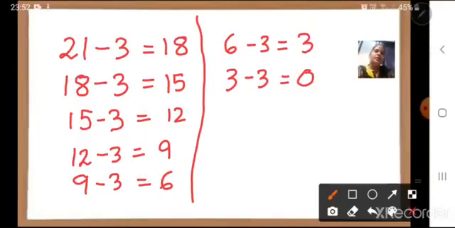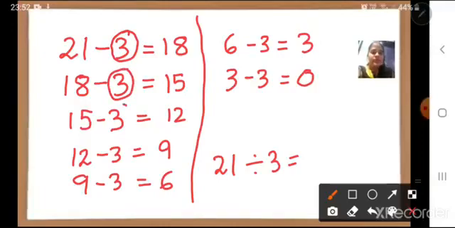Now we have to find out what 21 divided by 3 is equal to. How will we find out? Children, we have to see how many times 3 is repeated. See, one time, you can circle it.